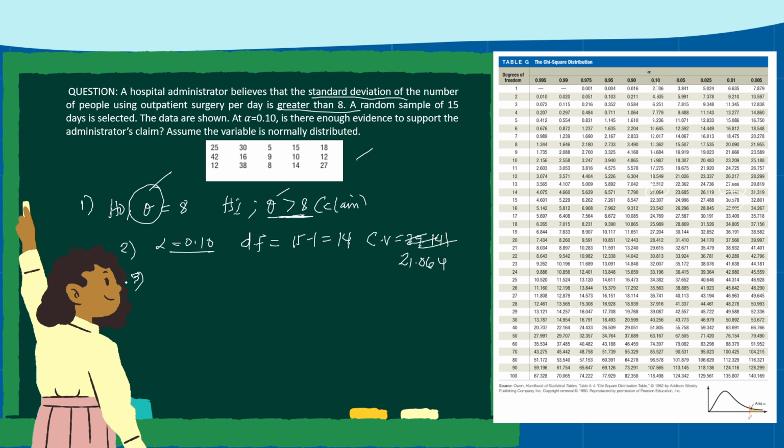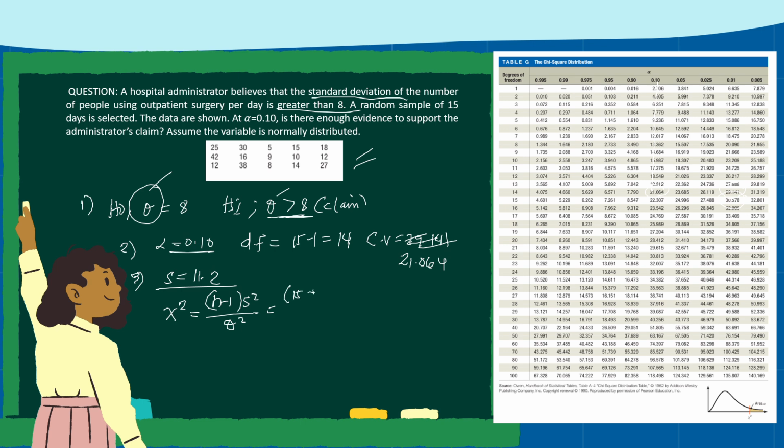And step number 3, we have to compute the test value. Using the calculator, our sample standard deviation here is s equal to 11.2. So compute it using your calculator. To compute the test value, chi-square is equal to n minus 1 times s squared over the population variance.